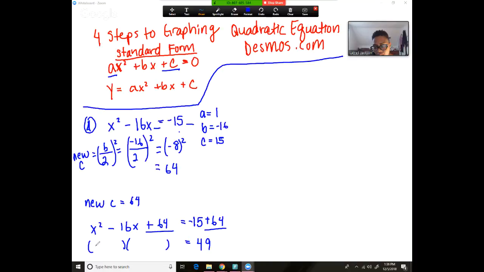You want two factors of 64 that add to negative 16. So what they're going to be is negative 8 and negative 8. Negative 8 times negative 8 is positive 64, right? And then negative 8 plus negative 8 is negative 16. And so there you go.